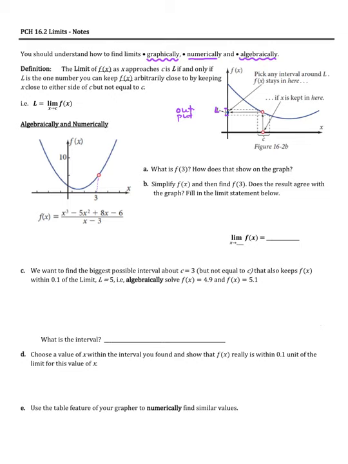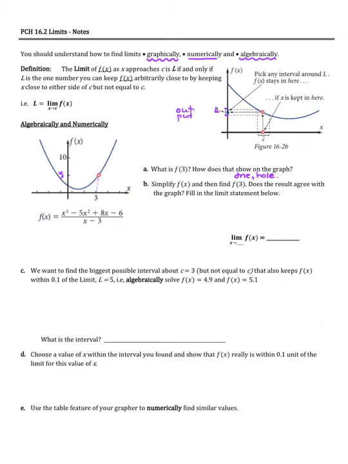So if we look at this graph, we want to see, well, what is f of 3? It looks like at f of 3, there's no value there. So f of 3 does not exist because there's a hole there. It's a removable discontinuity.